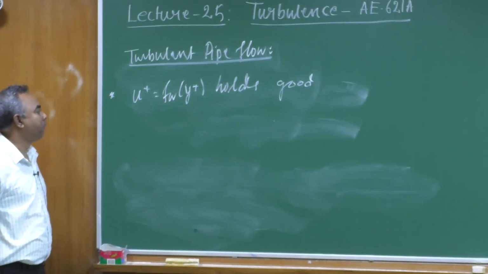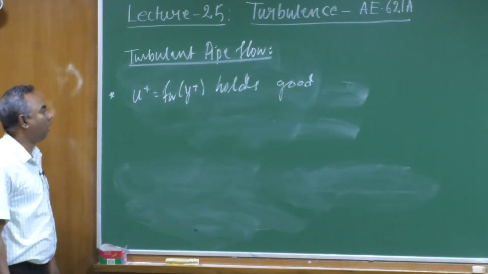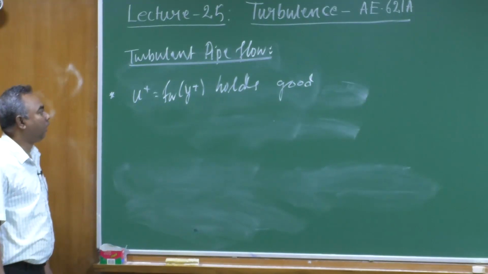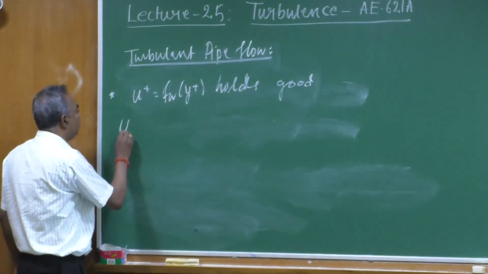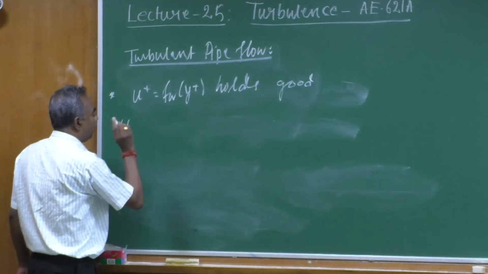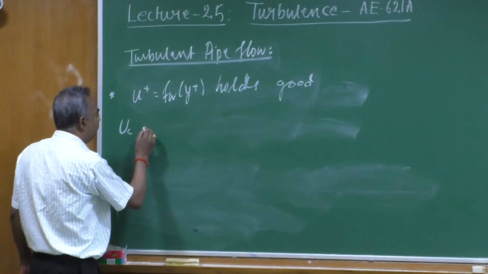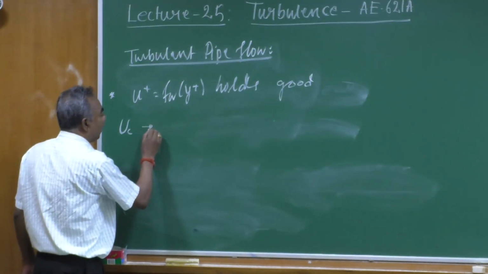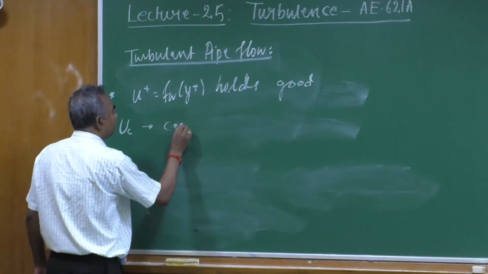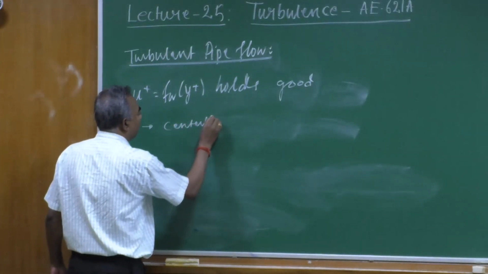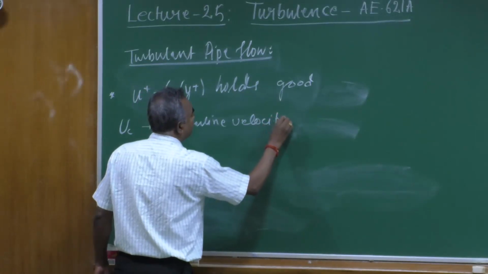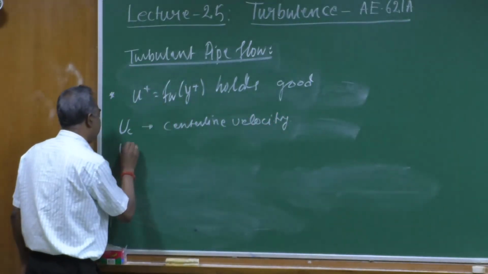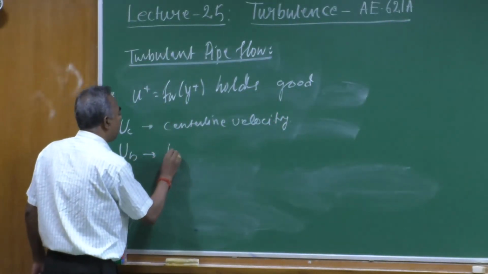Before we proceed, there are some symbols we need to talk about. For example, U_c, just like in the turbulent channel flow, is the center line velocity of the pipe, and U_b is the bulk velocity.